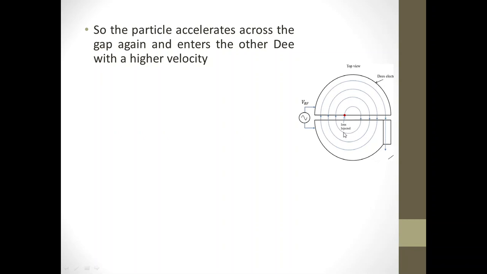Now we know the radius of the circular path followed by a charged particle in a magnetic field is proportional to its velocity. We'll see that when we talk about the theory.